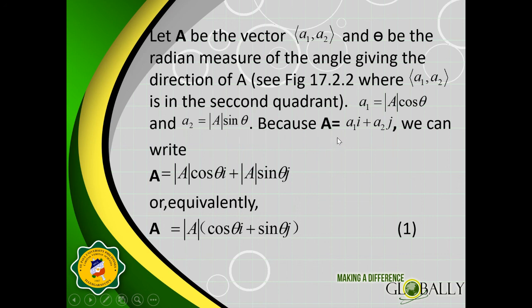Because A equals A1i plus A2j, we can write A as the following equation.